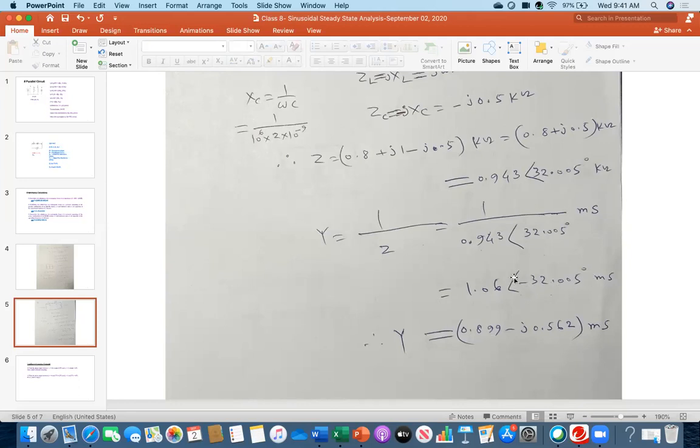Then I was asked to express the result in rectangular format, and I did that. Please check again that I did this conversion, polar into rectangular, correctly. So 0.899 minus j 0.562 millisiemens.